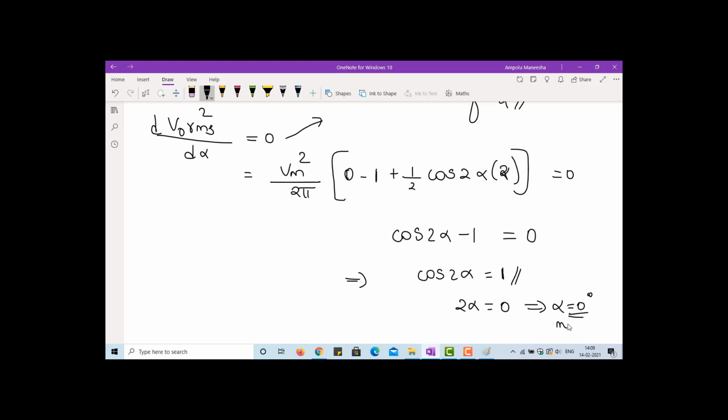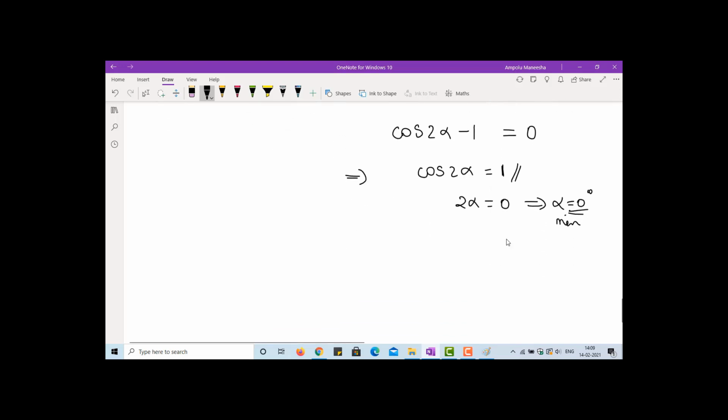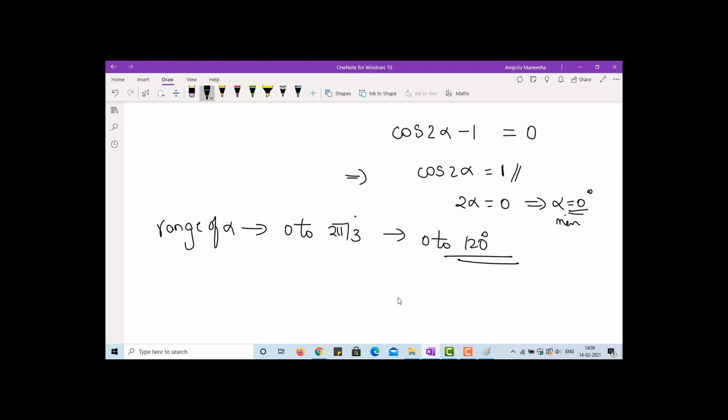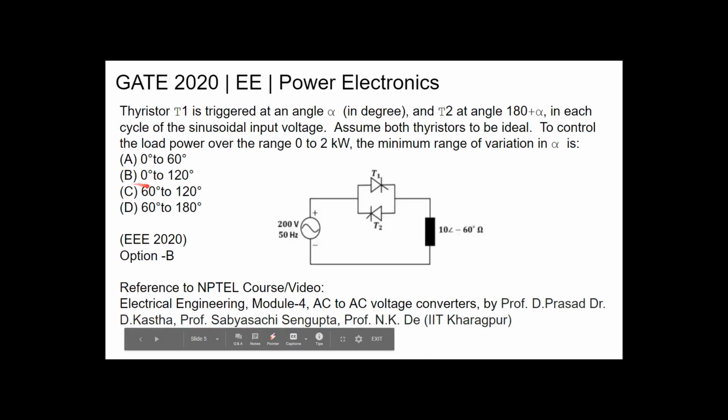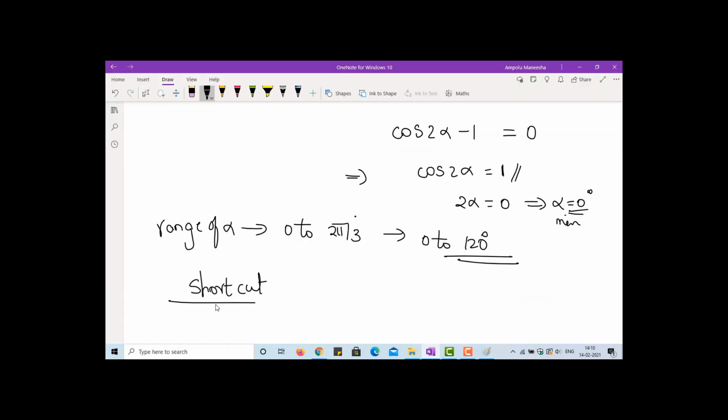So, alpha min is 0 degrees. Already we found out the alpha maximum. So, the range of alpha is 0 to 2 pi by 3. This is in radians, that is 0 to 120 degrees. The correct option is B, that is 0 to 120 degrees.